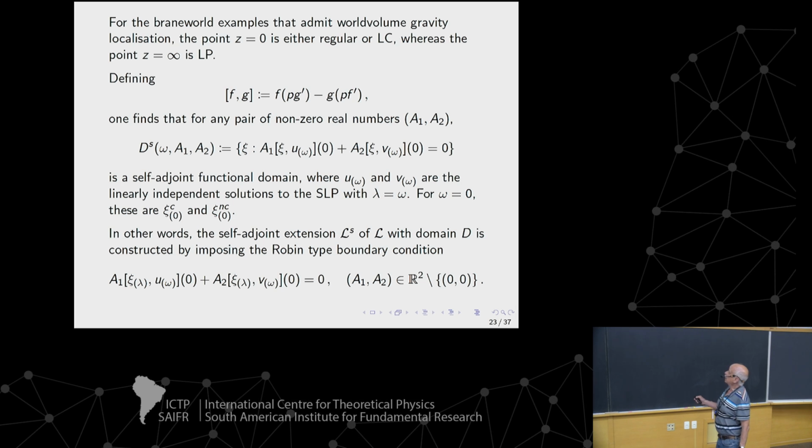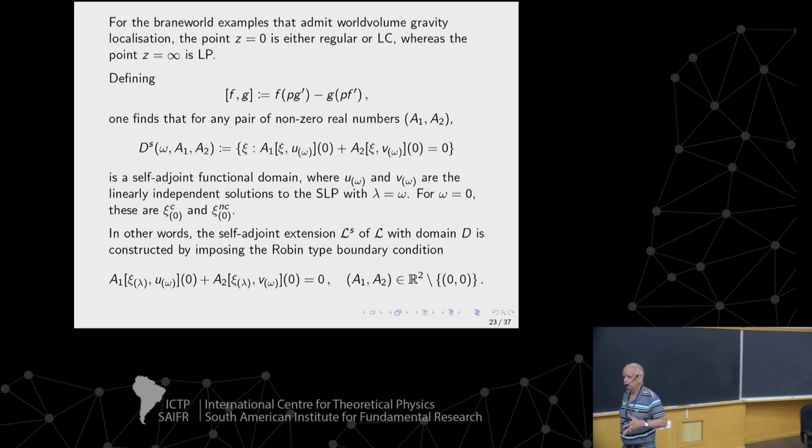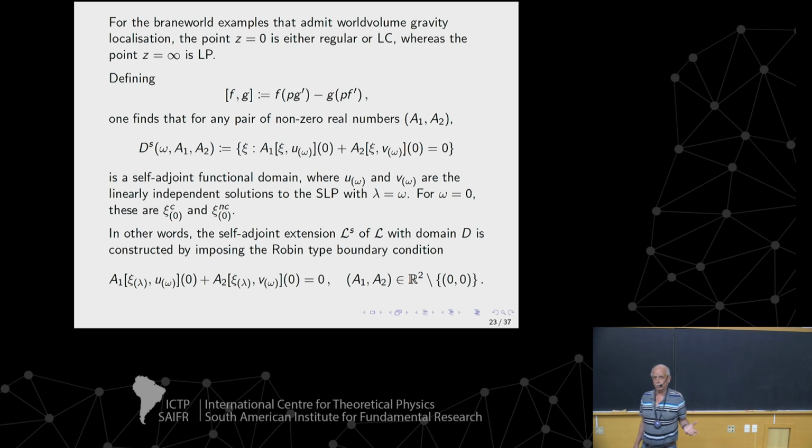So we find actually, using these brackets, that in order to get a self-adjoint setup, you have to impose not Dirichlet, not Neumann, but a combination, which is called Robin boundary conditions, with a particular boundary condition set here, where we use this Zettl bracket.